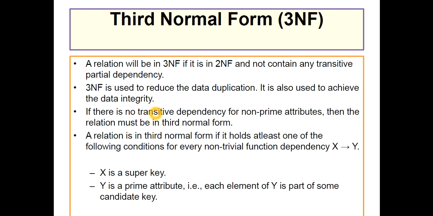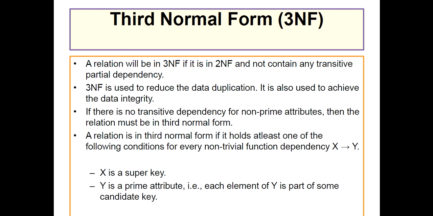And believe me, if you know up to third normal form properly, that's sufficient for the development of a project, either a web-based project or any type of project where redundancy removal is concerned. If you can remove the redundancy, so that it is normalized up to third normal form, then that is sufficient.